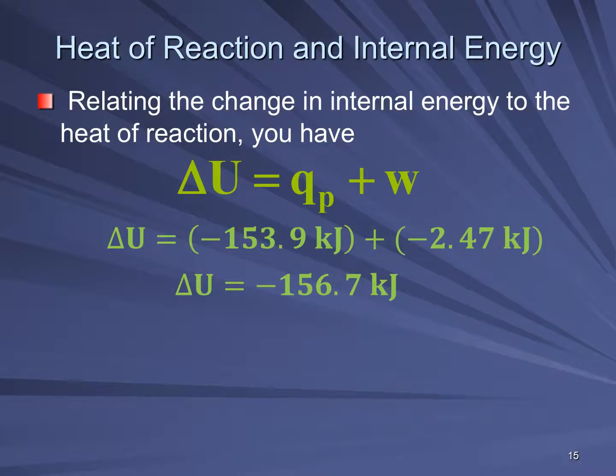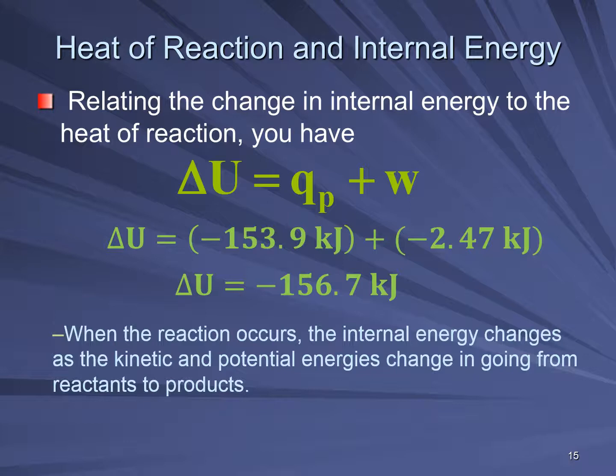Now if we add them together, we see that the total change in energy is due to both the heat and the work. Most of it's from heat, negative 153.9 kilojoules being given off in heat, but also some of the energy change is due to work, negative 2.47 kilojoules. So the total change in internal energy is negative 156.7, so 156.7 kilojoules of energy of some sort is given off.